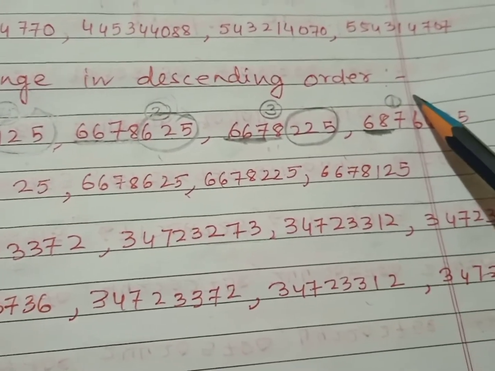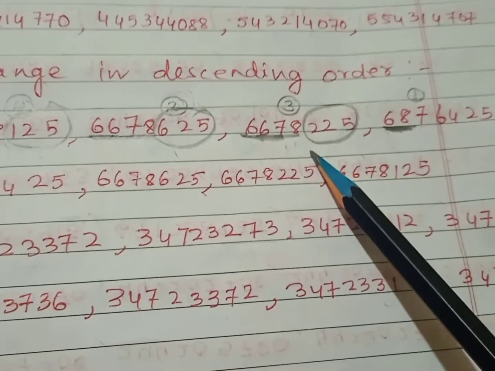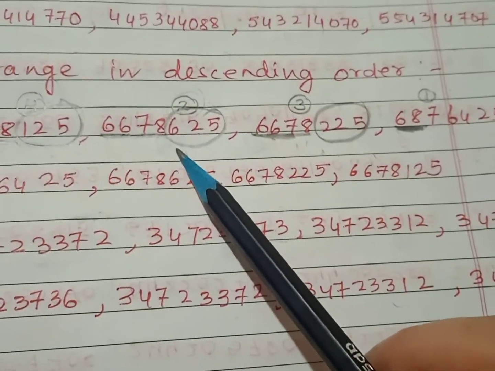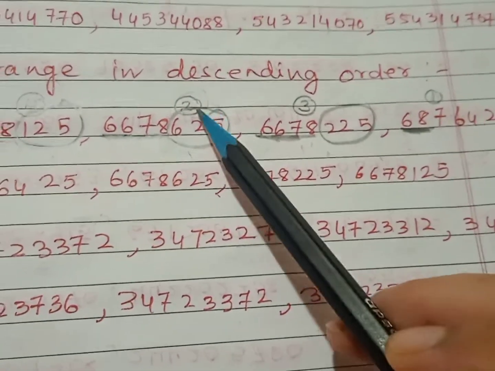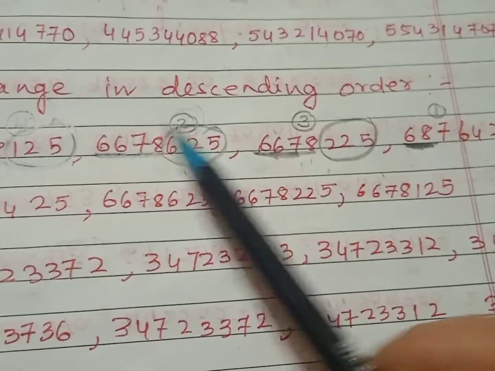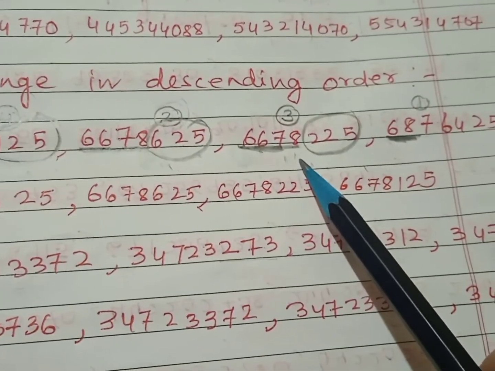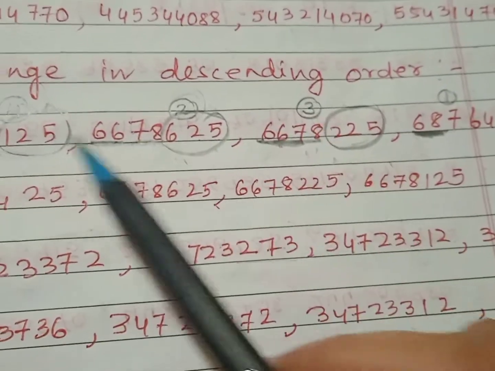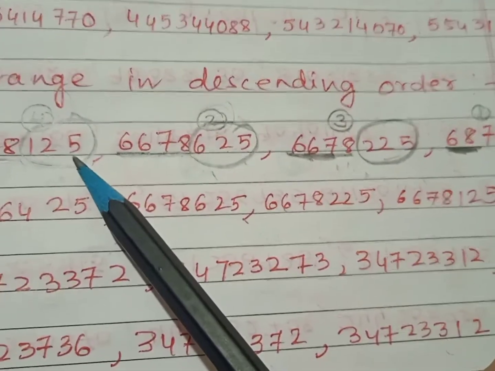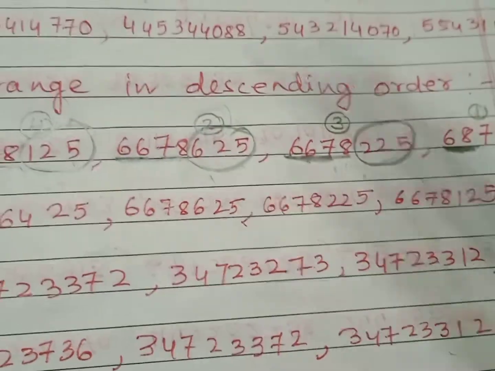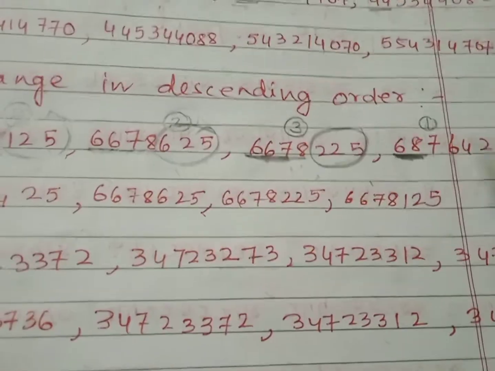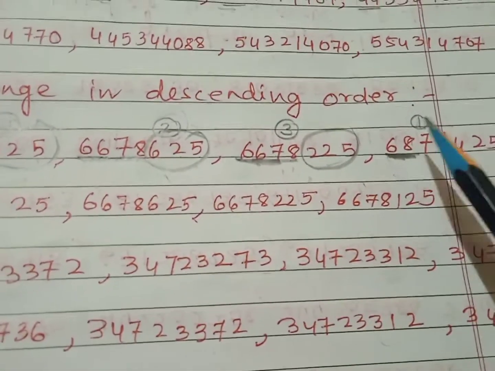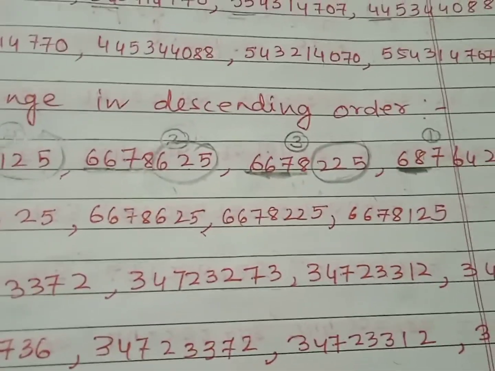Out of these 3 numbers, the biggest will be 625, so we put it at number 2. Out of 125 and 225, 225 will be bigger, so we number it as 3. And the least value will be the one bearing 125. So we have numbered in the other direction, that is, bigger to smaller.